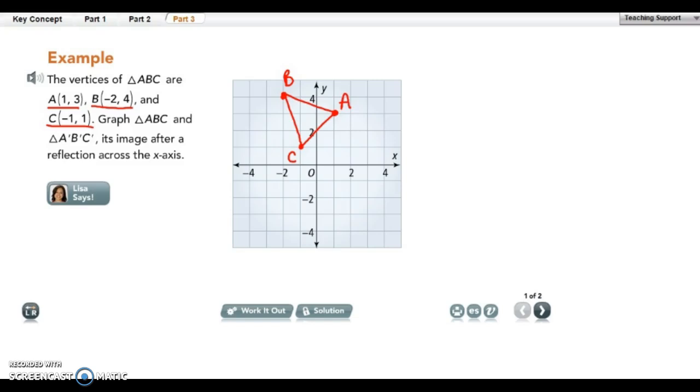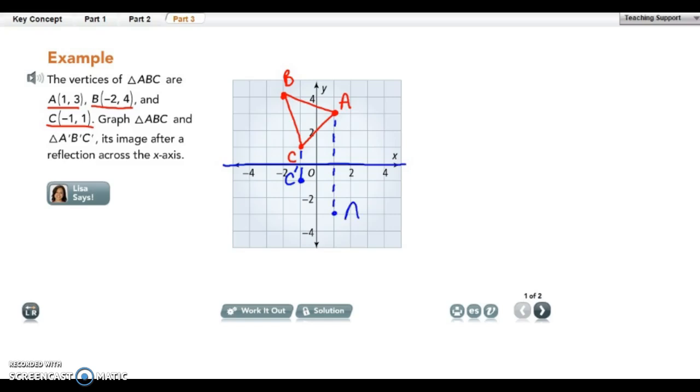Okay, so we are looking for A'B'C' to be across the x-axis. So this one is the x-axis. So we're going to go ahead and reflect it across the x-axis. Well, C is only 1 unit above the x-axis, so now we're going to make C prime 1 unit below the x-axis. A is 1, 2, 3, so we're just going to keep counting, keep it in a straight line, 1, 2, 3.